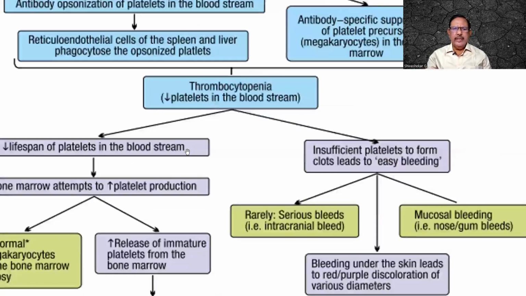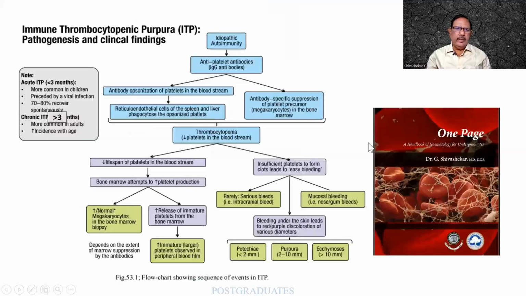And also there is a decrease in the lifespan of the RBCs. Acute will be for a period of about 3 months, whereas chronic can be for more than 3 months. Petechiae means less than 2 millimeters, purpura 2 to 10 millimeters, and ecchymosis are large and blotchy, more than 10 millimeters.